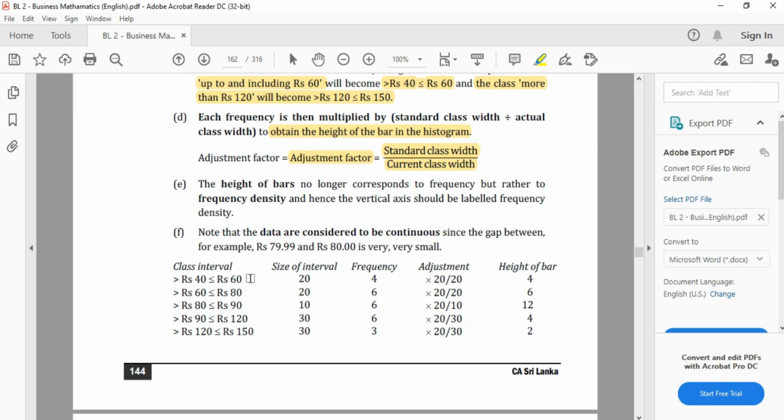So 40 to 60 interval, the size is 20, true. They have gotten the frequency as 4. So 20 is the standard class width and the current class width is also 20. So we have the height of the bar as 4. Here the standard width is 20, but at last they have still considered 150 as that.